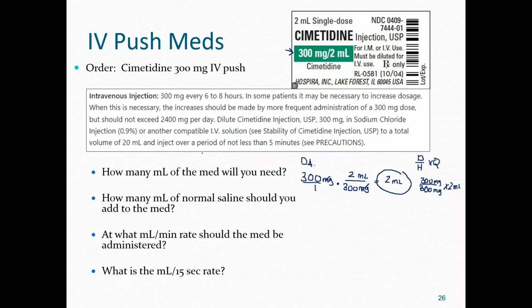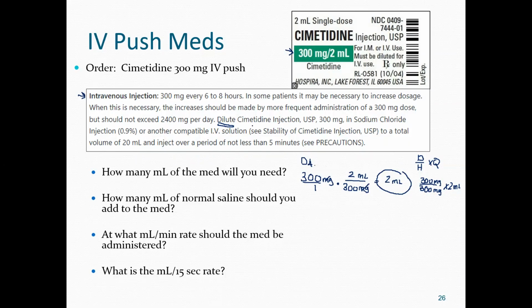Next, it asks us how many milliliters of normal saline should you add to the med? Well, in order to figure that out, I'm going to have to read all of the fine print here. Now, I have read this before, so if you need to pause the video, you certainly may. But as I read through all of this, I really start focusing in right here where I see this word dilute.